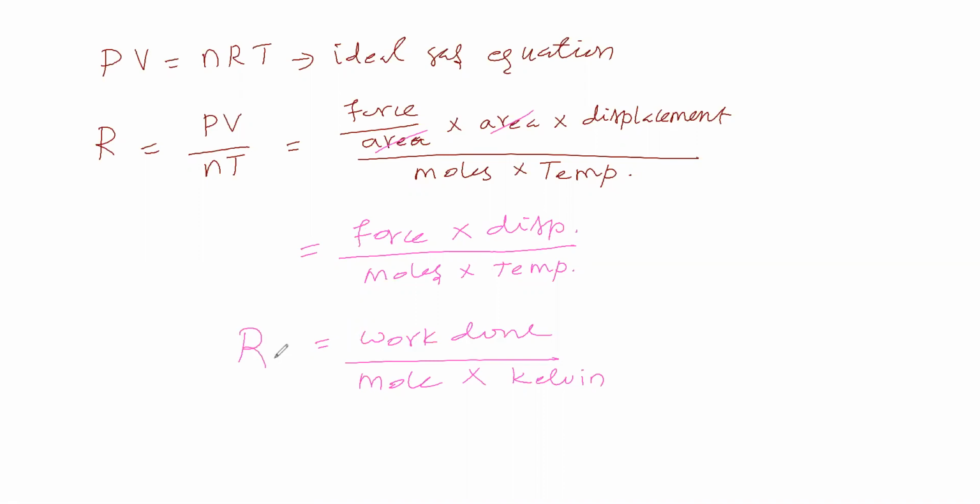Therefore, what is this R? How to define this R? This R is called the universal gas constant. It is defined as work done per mole per Kelvin.